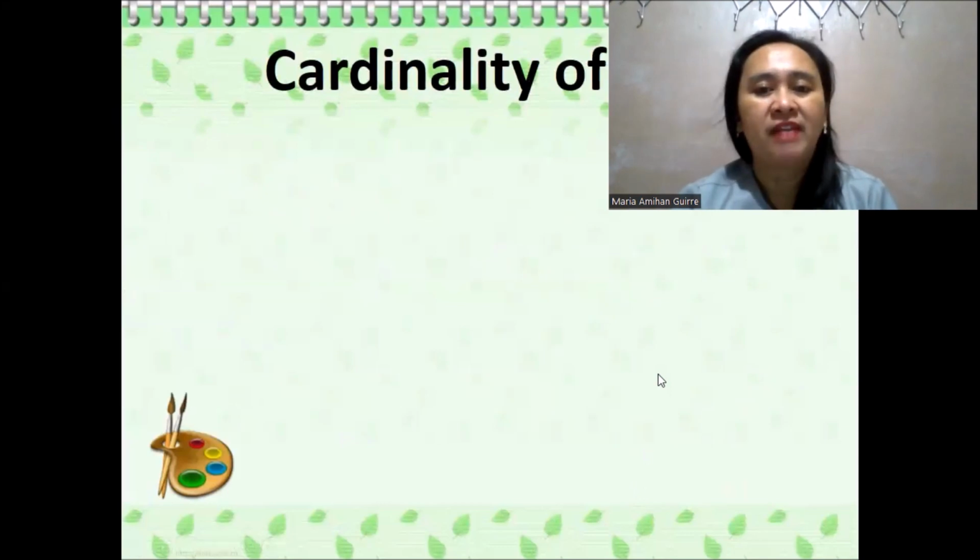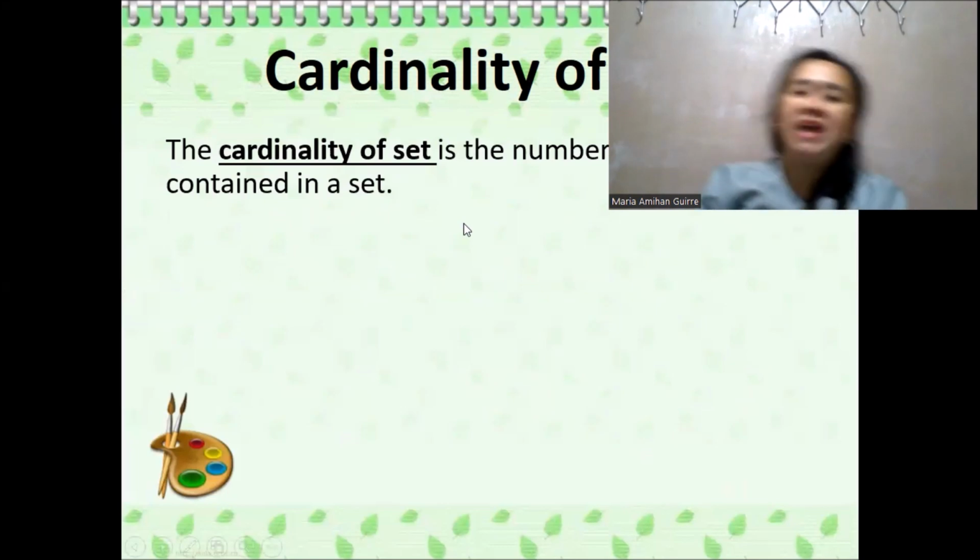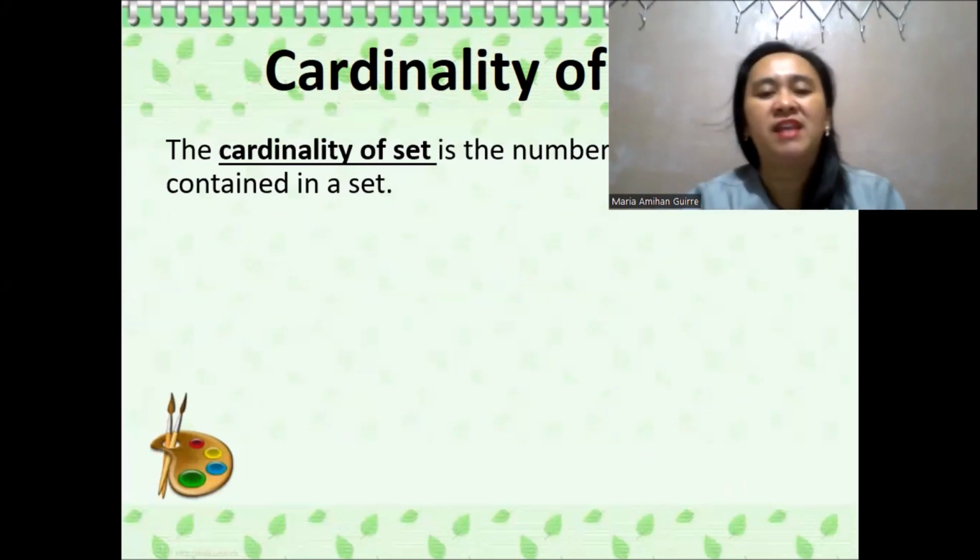Cardinality of a set. The cardinality of a set is the number of elements contained in a set, or we count the number of elements in the given set.